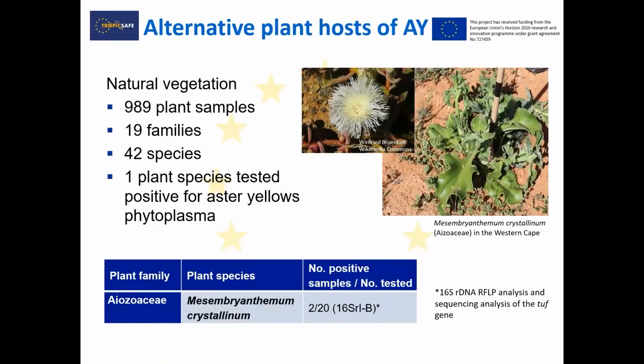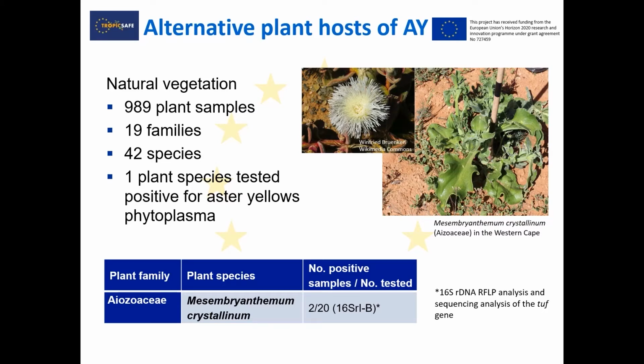In addition to the survey in vineyards, we surveyed alternative host plants for Aster Yellows in the fynbos and succulent karoo biomes in the 3 regions where Aster Yellows occurs. The survey resulted in only 2 Aster Yellows positive plant samples out of 989 individual plant samples from 19 families and 42 species.